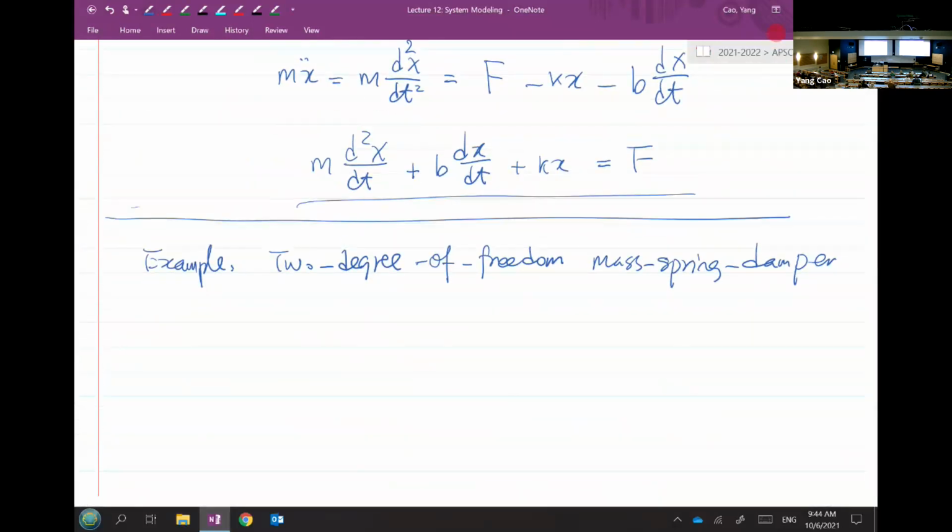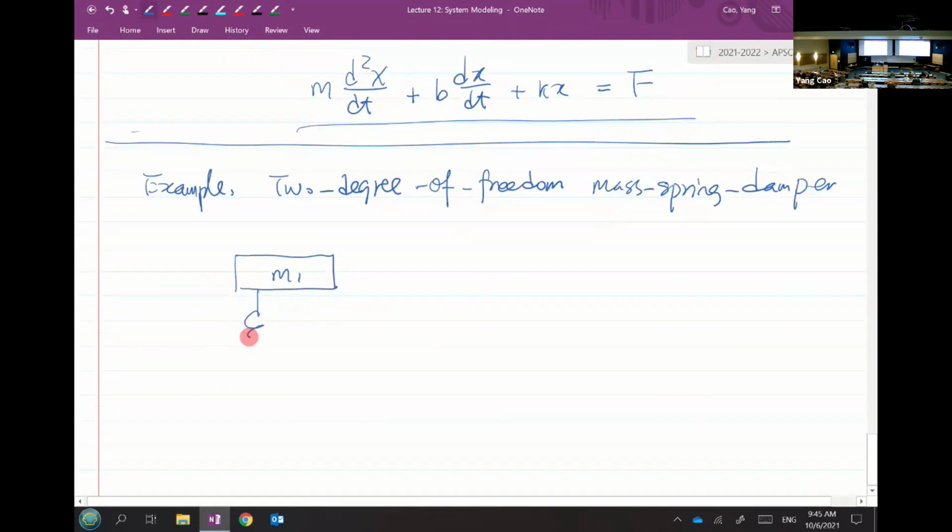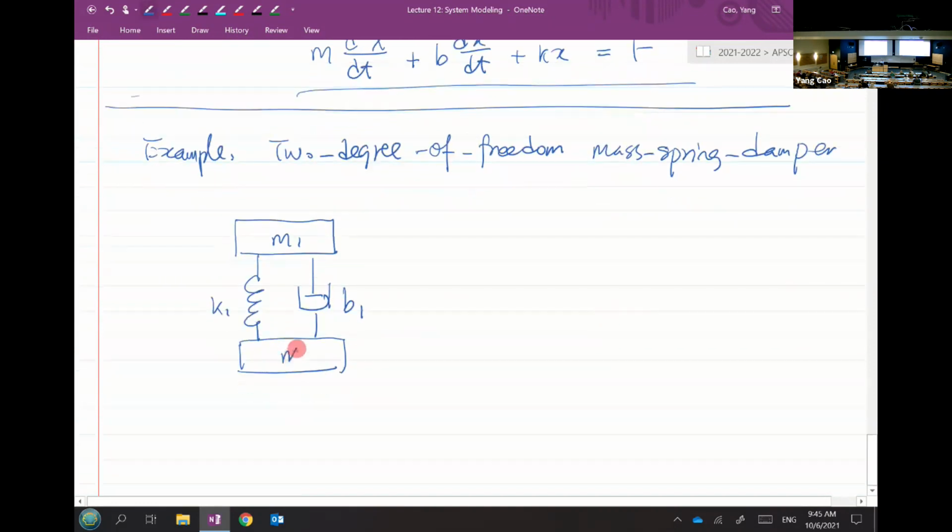So there's only one possible motion, indicated by the X. When you have a 2 degree of freedom system, this is an example here. I'll draw it for now: M1 attached to a spring, called K1 and B1. And then you have another one, M2, attached to a single spring, K2.